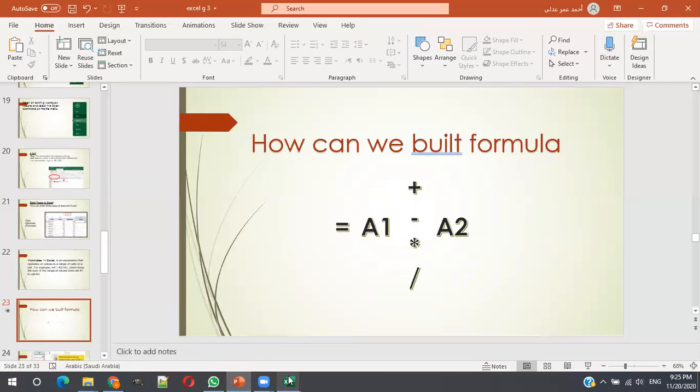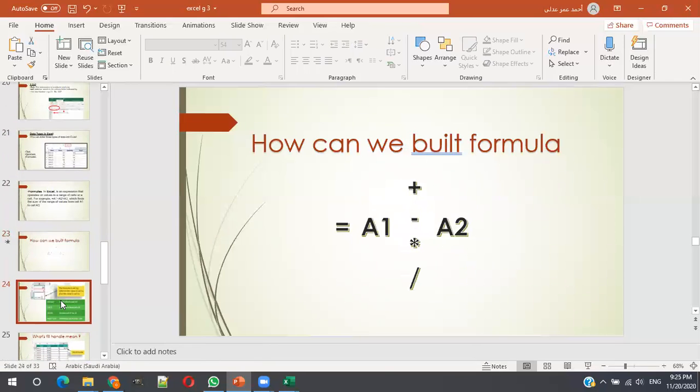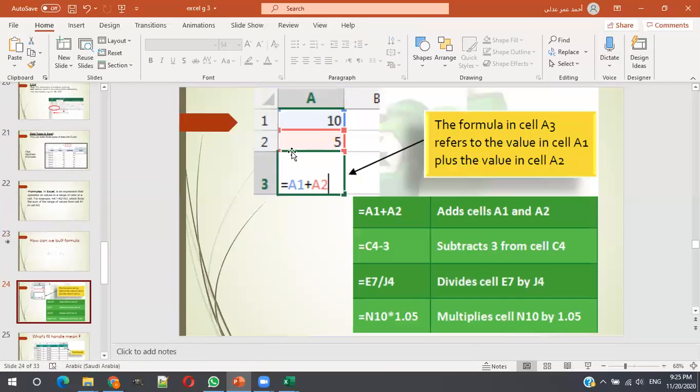Okay, let's start with the practical. Now, we have here A1 and A2, 10 and 5. We have to write a formula to give us the total result of A1 plus A2. You have to write equal first.